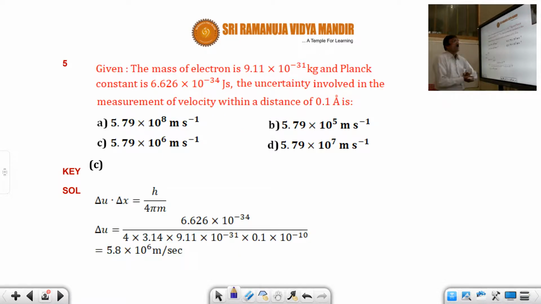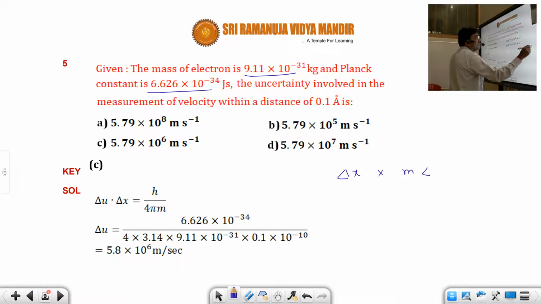Now, let us solve one more question. The mass of an electron is given here as 9.1 into 10 power minus 31 kg, and Planck constant is given as 6.626 into 10 power minus 34 joule second. The uncertainty involved in the measurement of velocity, you know the formula very well, Heisenberg uncertainty principle: delta x into m delta v is equal to h by 4 pi.